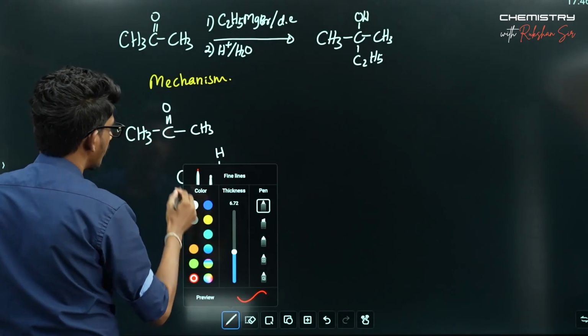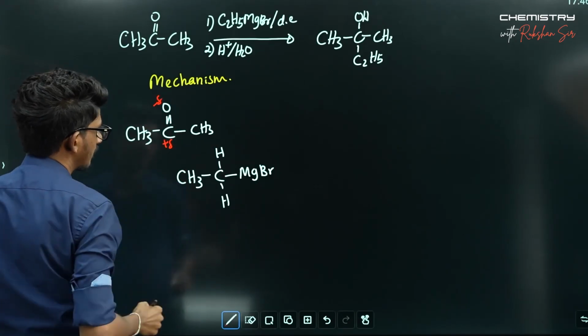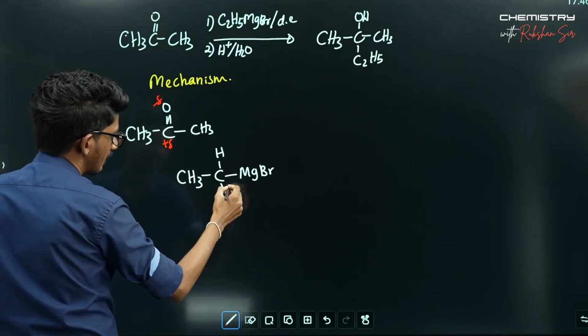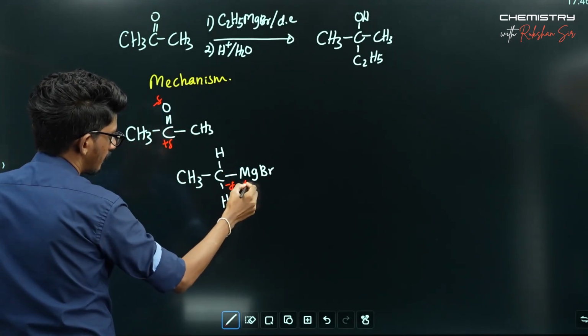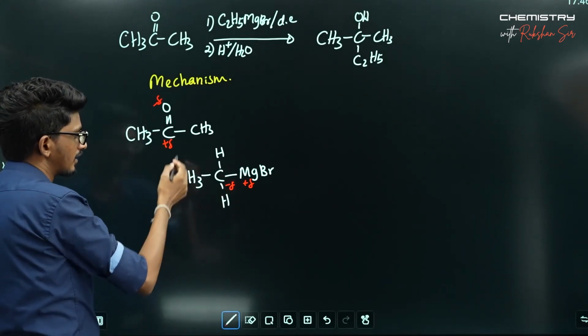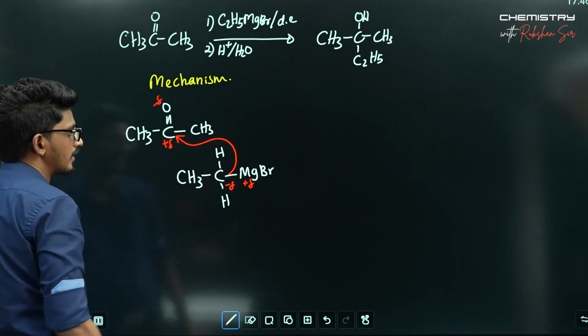And we know this carbon is positive and this is negative because of the electronegativity difference of the carbon and oxygen. In this case also, you can see some polarity like that, so that this negative carbon will attack this positive carbon here with the use of that electron pair.